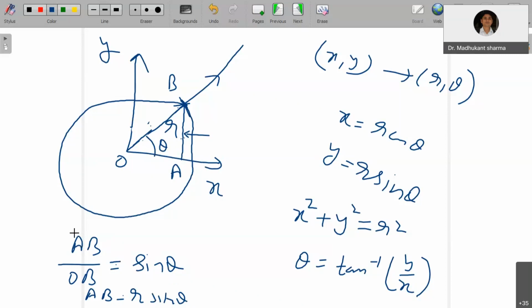That's perfectly fine. So AB is equal to r sine theta. It's correct, right?